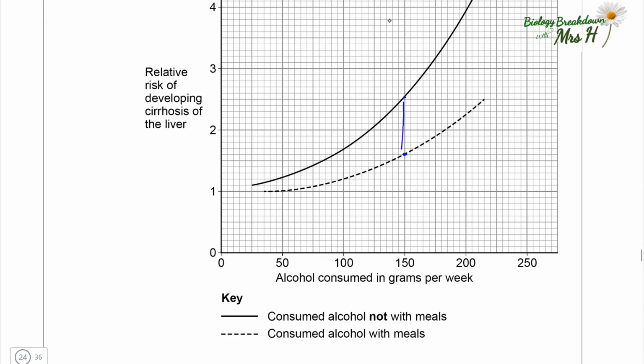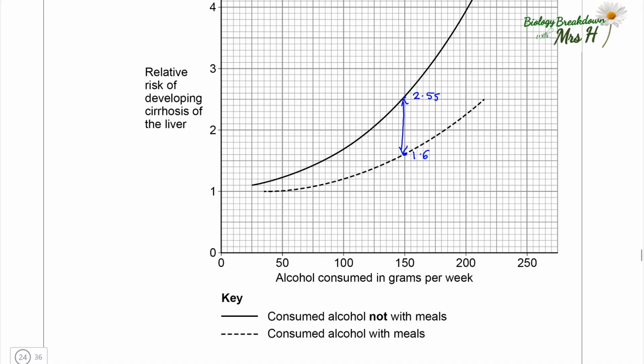Take it up. So that top line there is the relative risk of developing cirrhosis of the liver, 2.55, because it's just slightly over that 2.5 line, which is a bit annoying, but it is 2.55. It's in the middle there. And if you go to consumed alcohol with meals at 150, that's bang on 1.6.